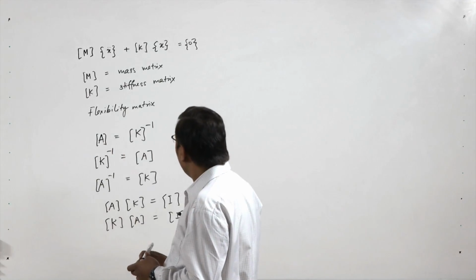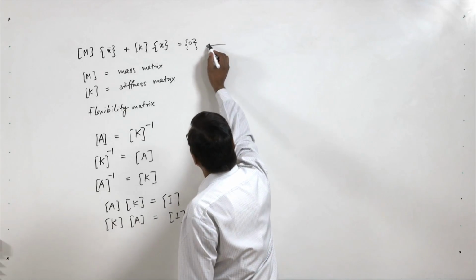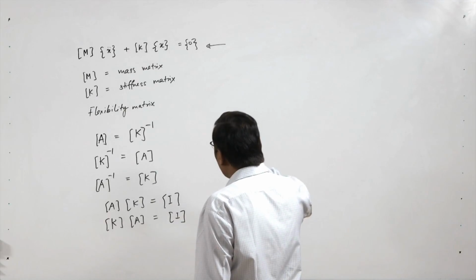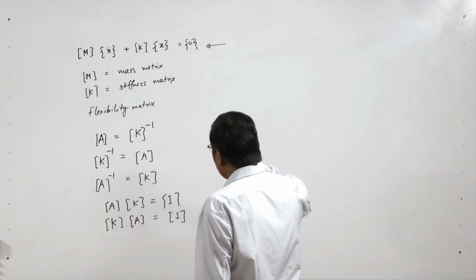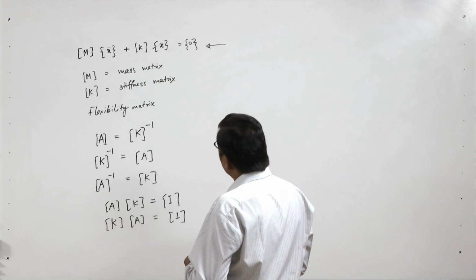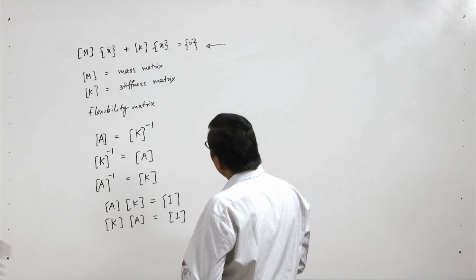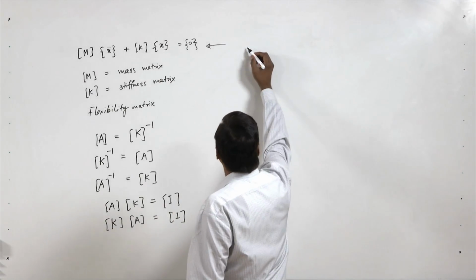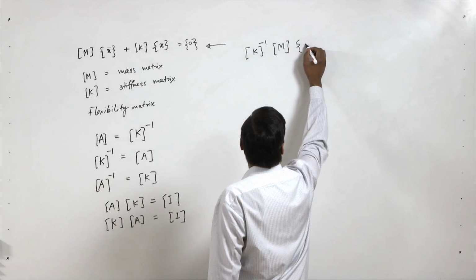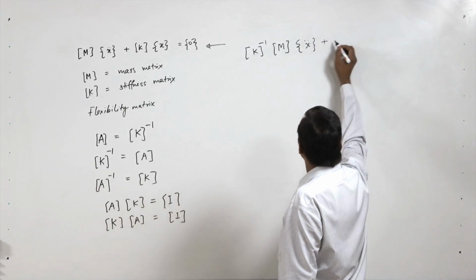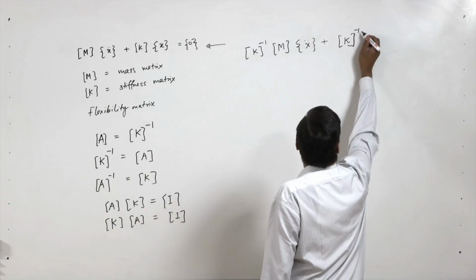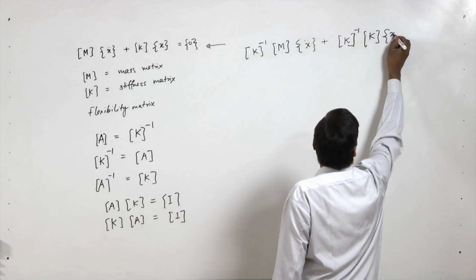Now in this equation, M x double dot plus K x equal to 0, we multiply with K inverse, so we will have K inverse M x double dot plus K inverse K x equal to 0.